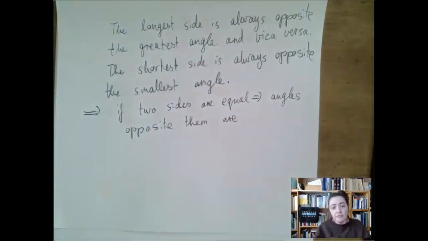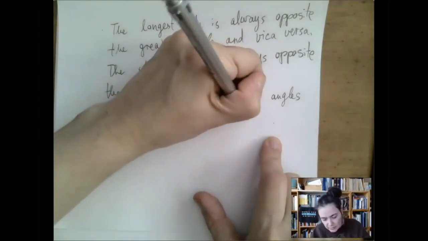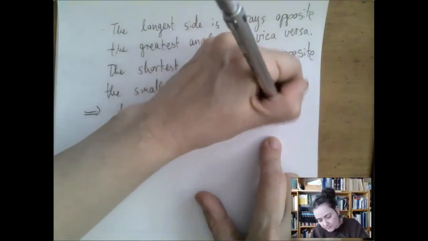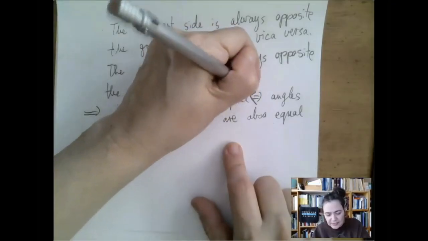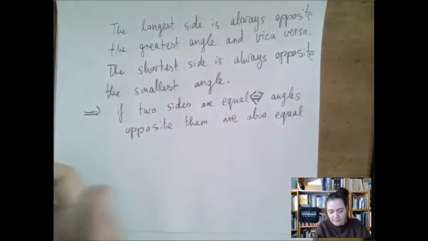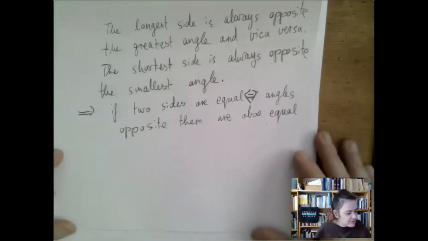And vice versa. If two angles are equal, then we can conclude that the sides opposite are equal. I'm just going to draw this arrow, which means this implication goes both ways. I don't want to waste your time with just writing.